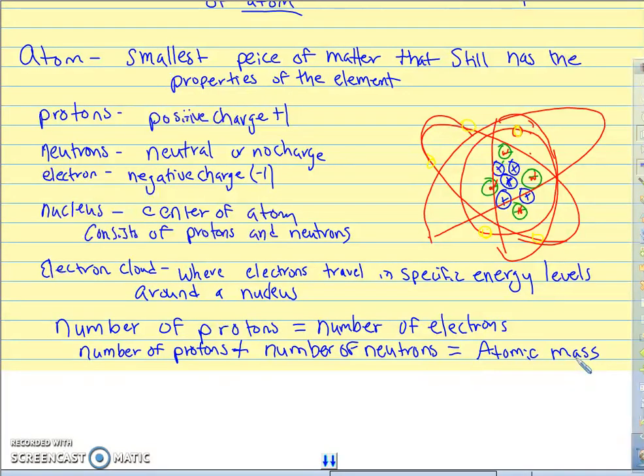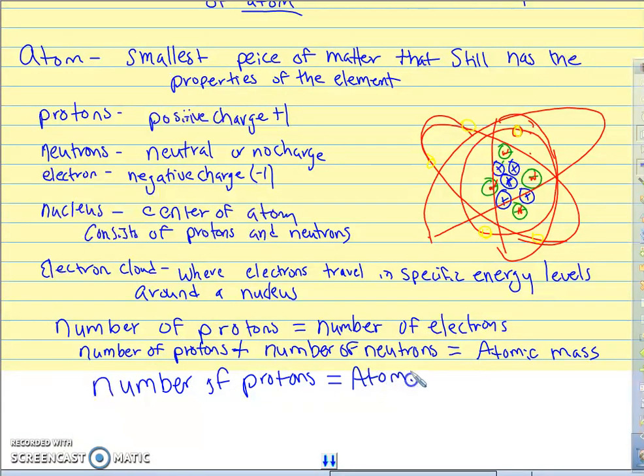And Dylan alluded to it, and so did Brody over here, in that the number of protons also equals what? No, just did that one. Thank you, McKenna. Equals the atomic number.